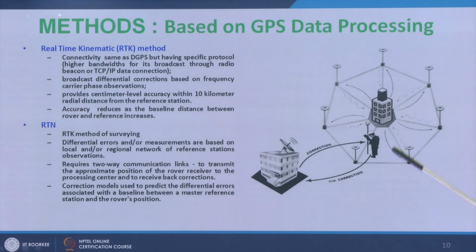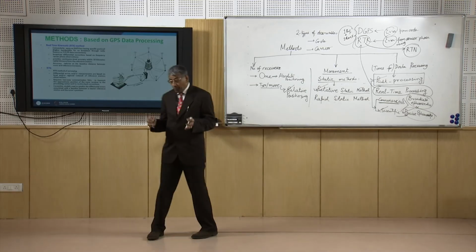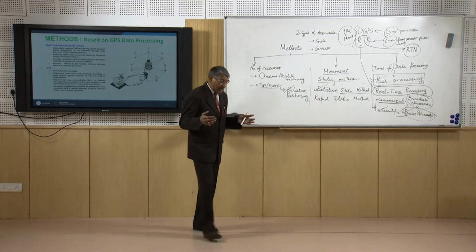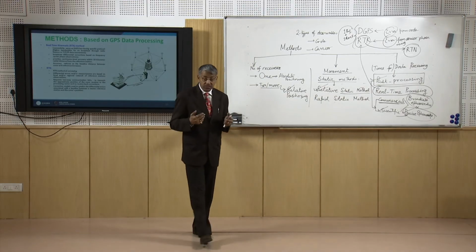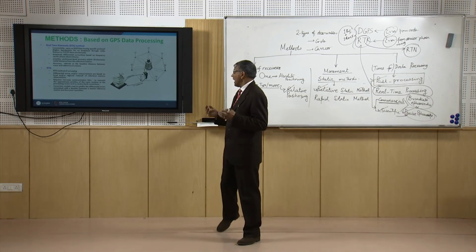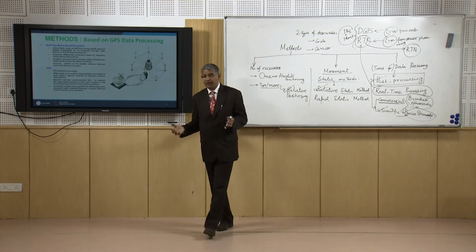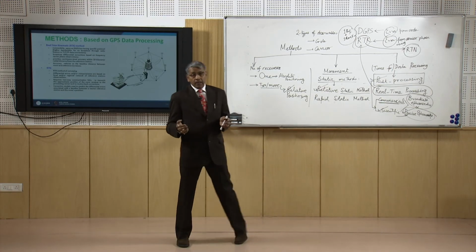In that case the error message will be more accurate, because the error messages are prepared using observations from a set of receivers. So, that is what is called RTN, which is coming up, and like mobile towers, nowadays many countries are establishing GPS control stations all over the country, most prominently in Germany.